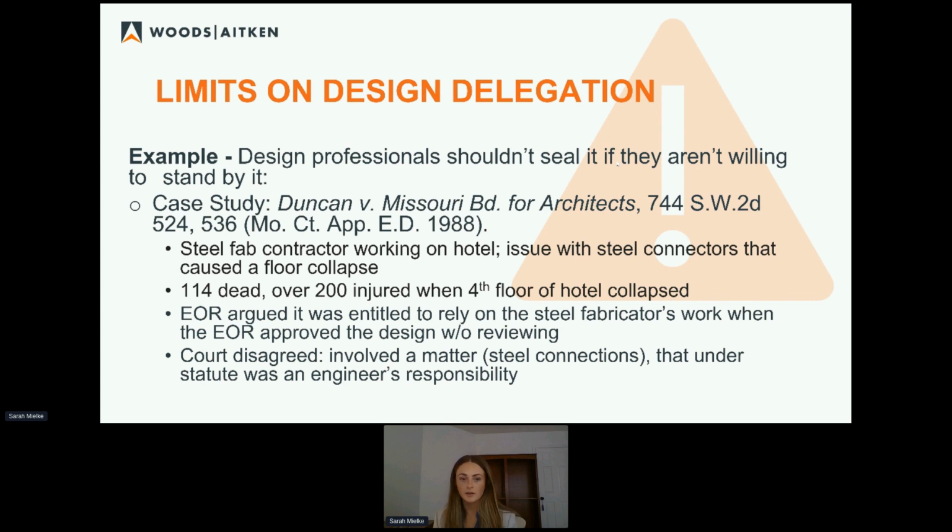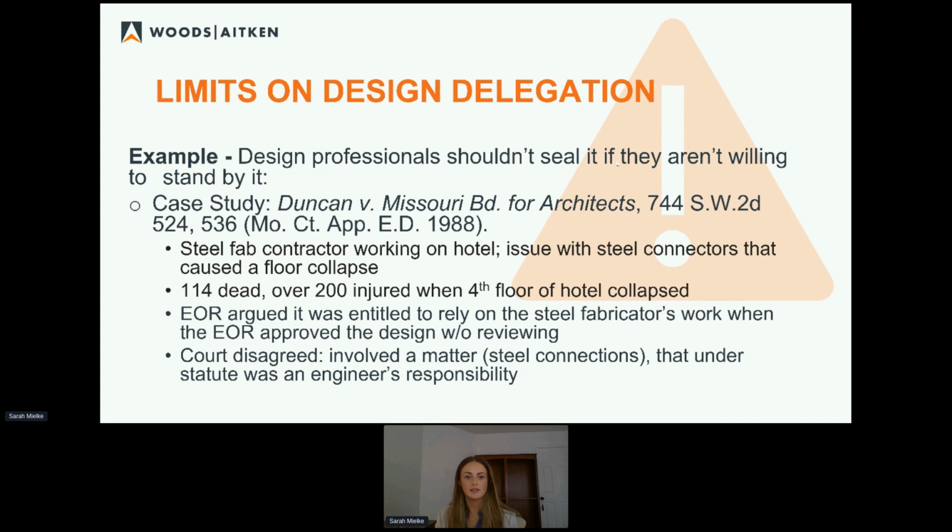He didn't review it closely. He just stamped it and sealed it as the state and the contract required. The steel fabricator argued the opposite and said, look, I was designing based on plans and specifications. Anything with calculating live loads and the connections needed to do that, that falls to the engineer.